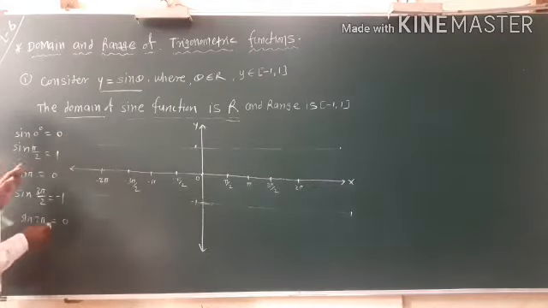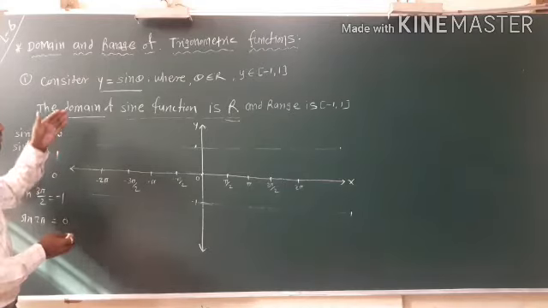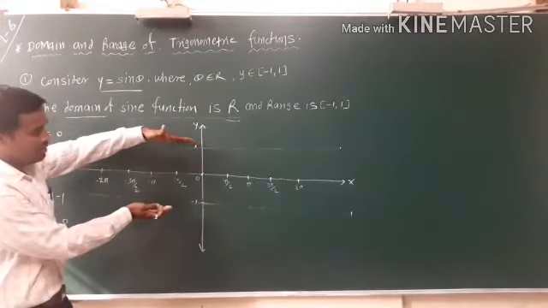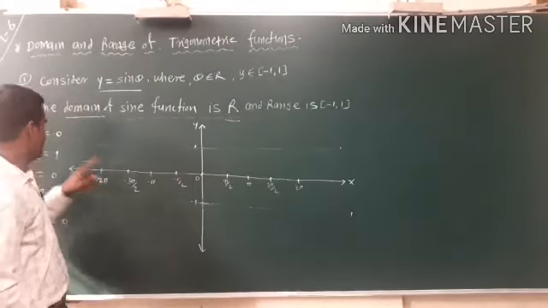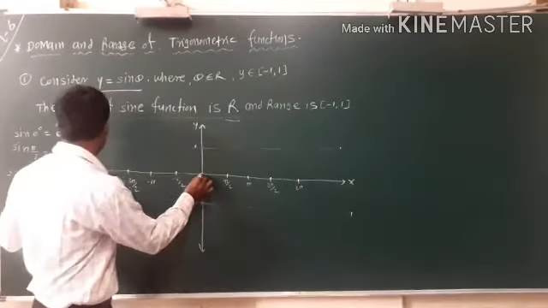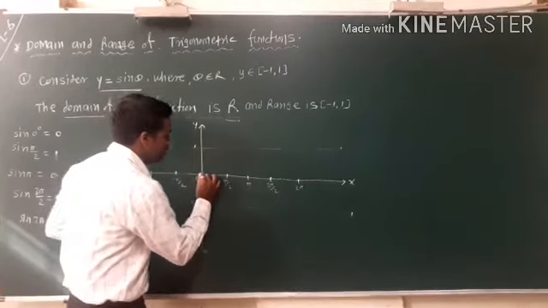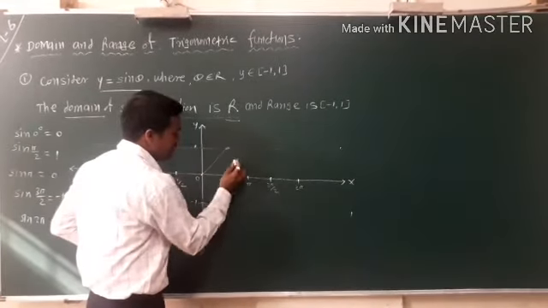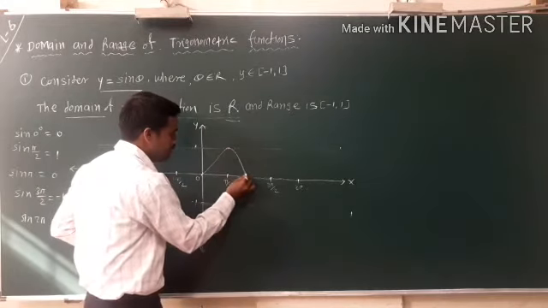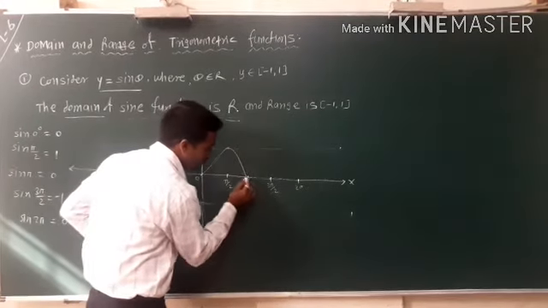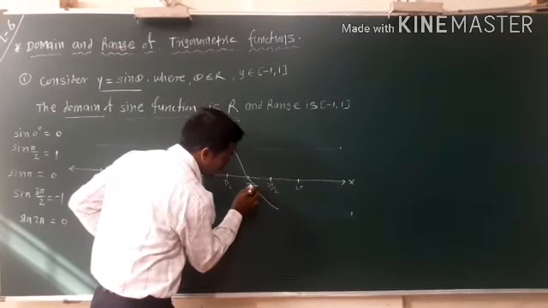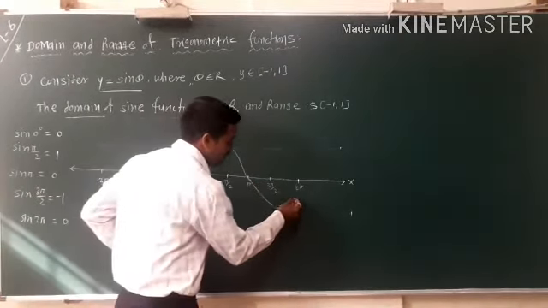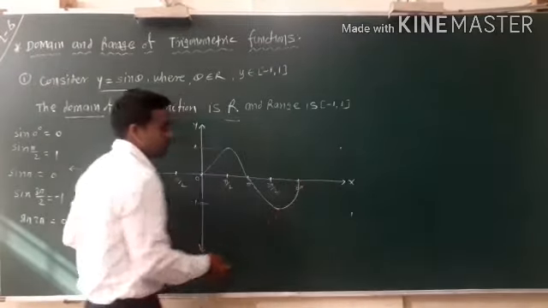So for y equals sin theta, the graph has range -1 to 1. It starts here: sin 0 equals 0, sin pi by 2 equals 1, sin pi equals 0, sin 3 pi by 2 equals -1, and sin 2 pi completes at 0.